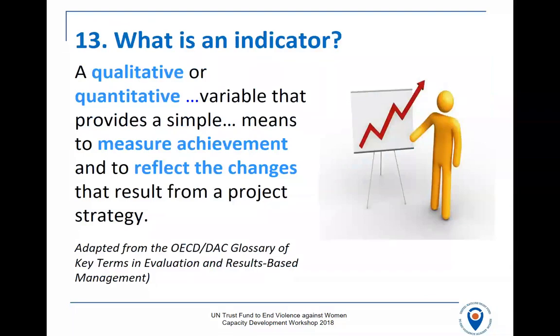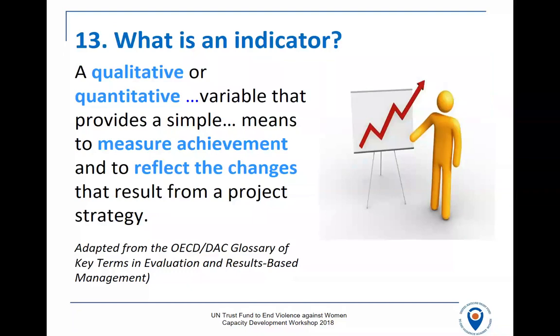We recommend that you devise at least 1 up to 3 indicators per result. So as you have one project goal, you will devise 1 to 3 indicators. Not more is better, but say 2 is a good medium. But you don't want too many indicators either. And what is an indicator?